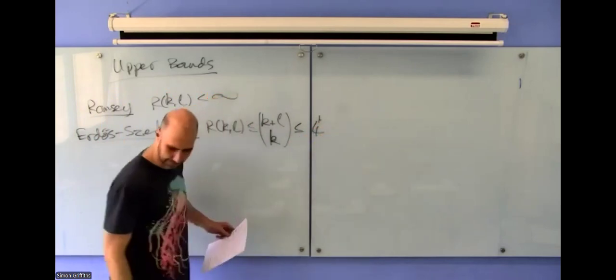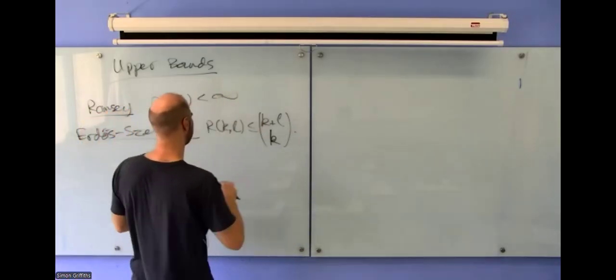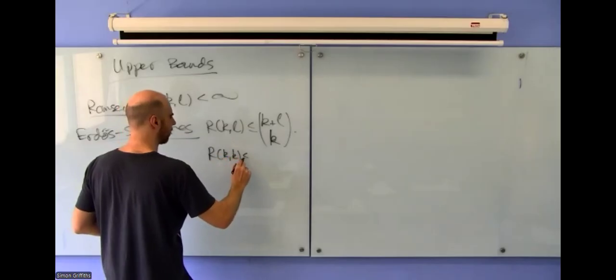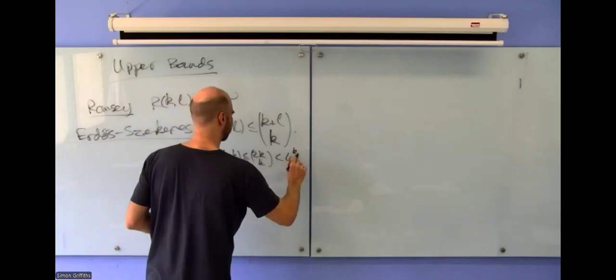Sorry, when you do the diagonal, R(K,K) is at most 2K choose K, which is less than 4 to the K.